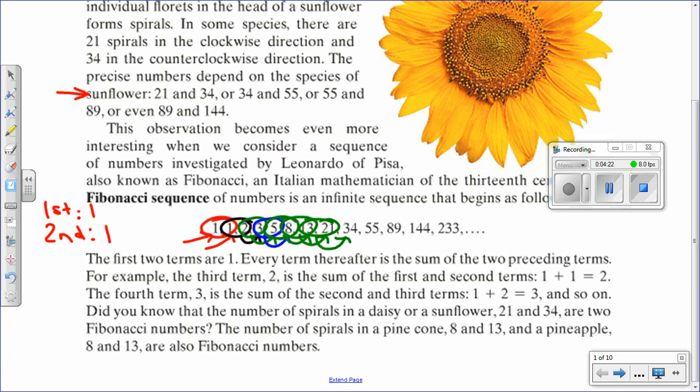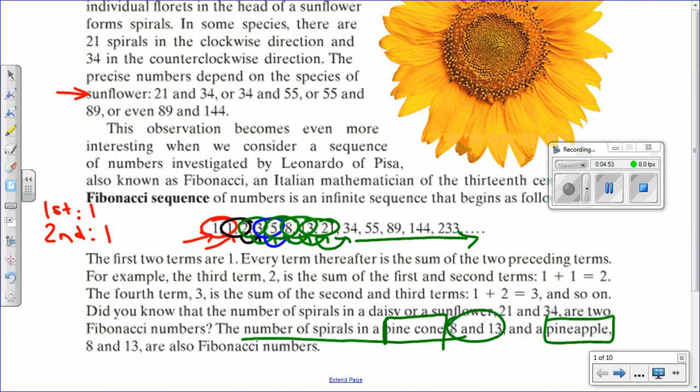He found out that they will have 2, but then they will mate and have more rabbits, and that's how the population of rabbits grew. Also, you can see that pattern in spirals on pine cones and pineapples. 8 and 13 is the common one.